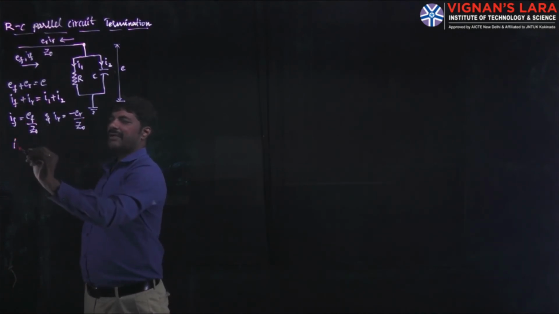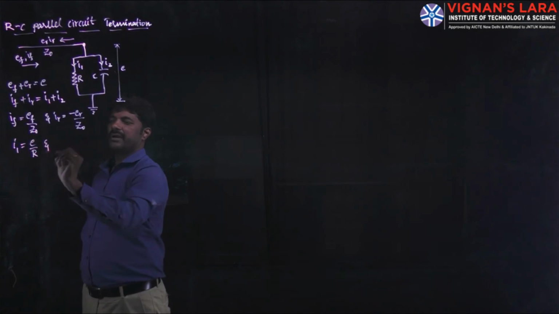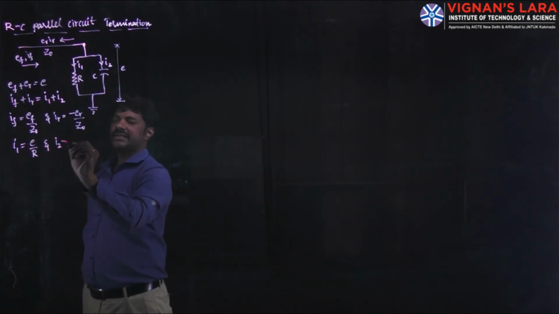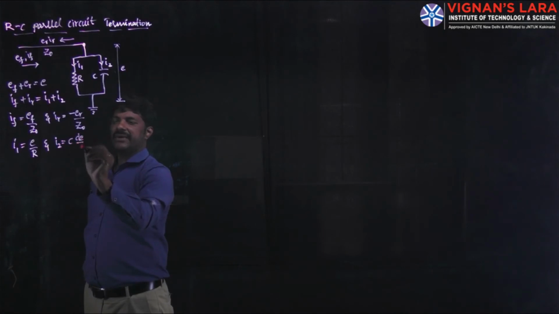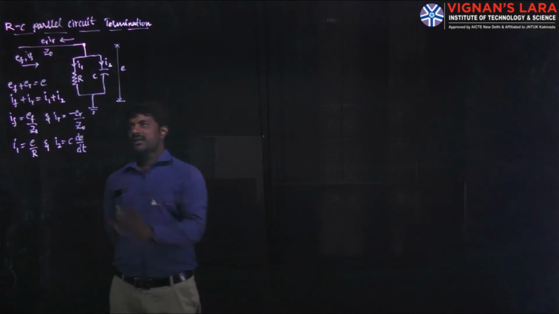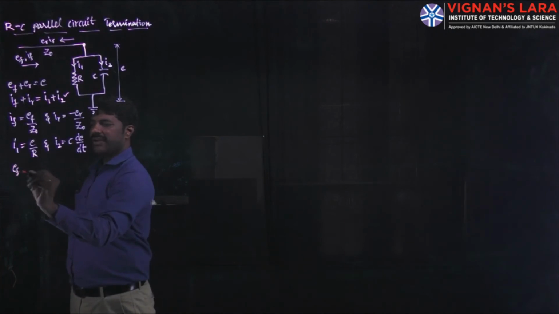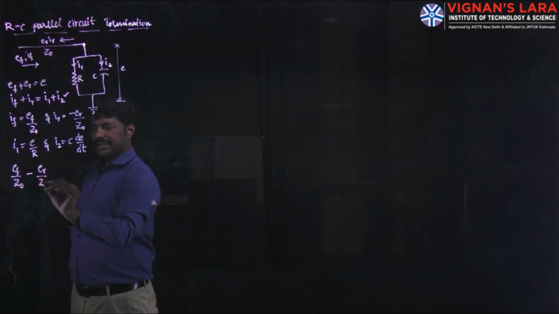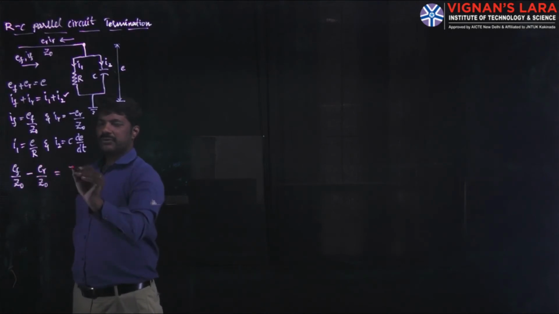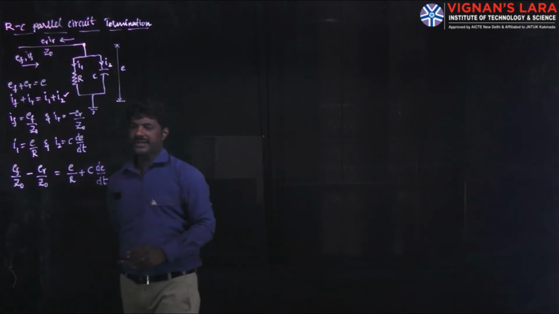And next, I1 quantity is the current in the resistor given by formula E by R, and I2 is the current in the capacitor given by formula C dE by dt, because current in the capacitor is given by C dV by dt is the formula. Substituting the current expressions in this, we get EF by Z0 minus ER by Z0 is equal to E by R plus C dE by dt, I1 plus I2.